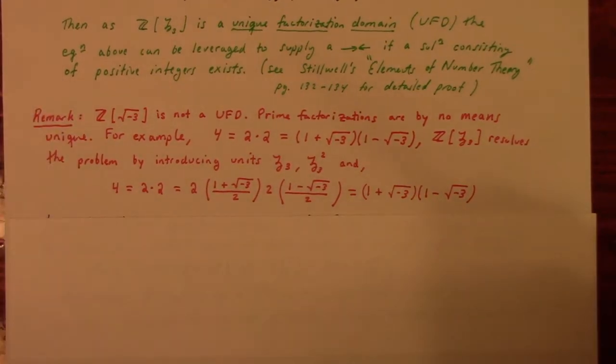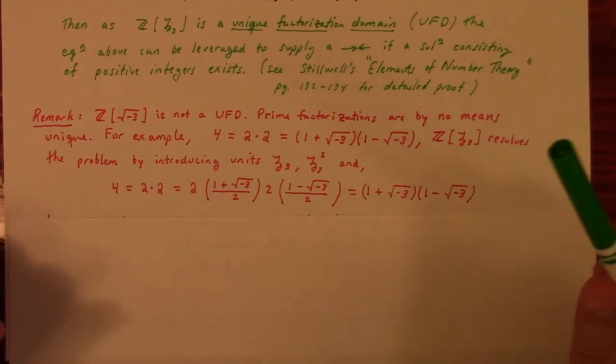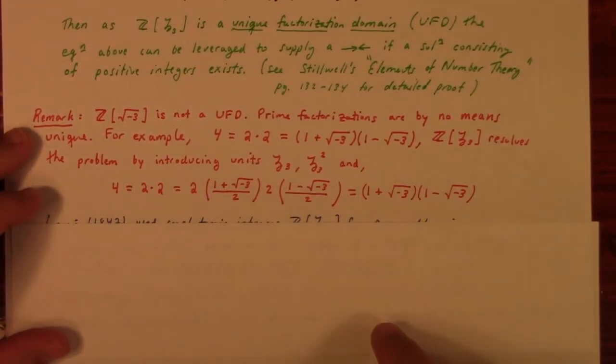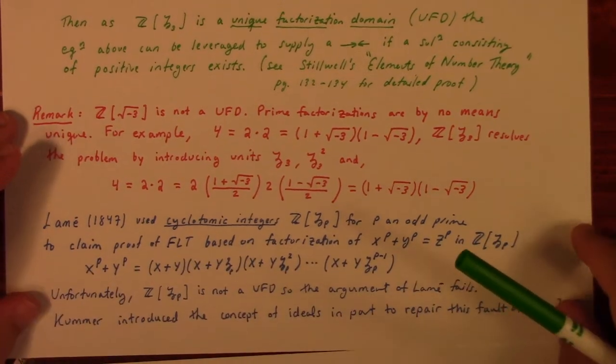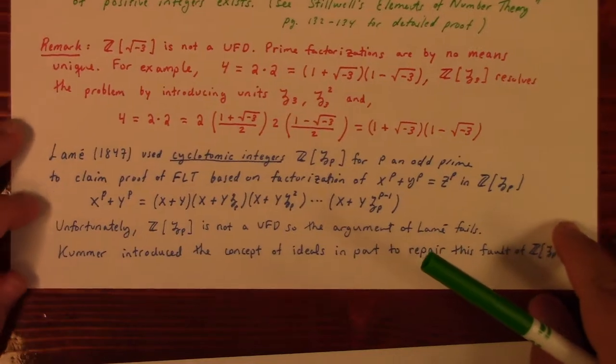So you might be tempted to think that I can always just enlarge my number system enough to make this kind of thing work. There's got to be a unique factorization domain that I can get to just using complex multiplication, but actually not so.